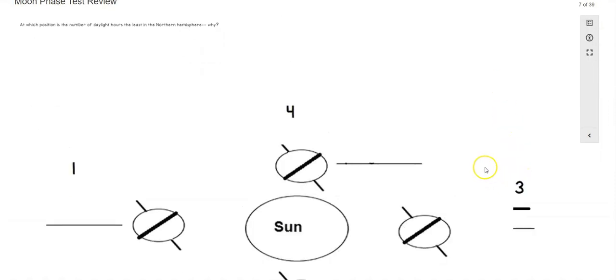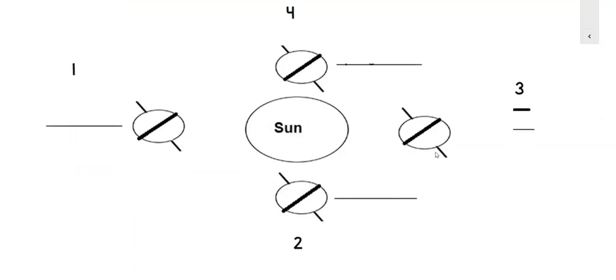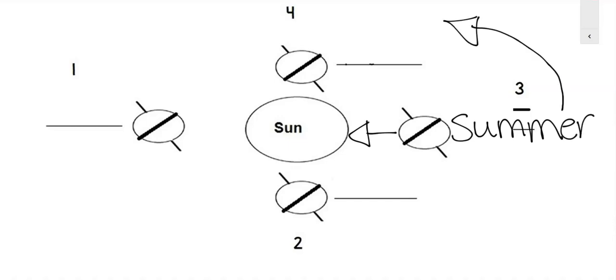Our next question. So this one says, at which position is the number of daylight hours the least in the northern hemisphere? So we're looking for the least number of hours. So we know that that is going to be our winter solstice. We're always going to label summer in the northern hemisphere first. We look at tilt, so we know this is summer. We are going to go counterclockwise.